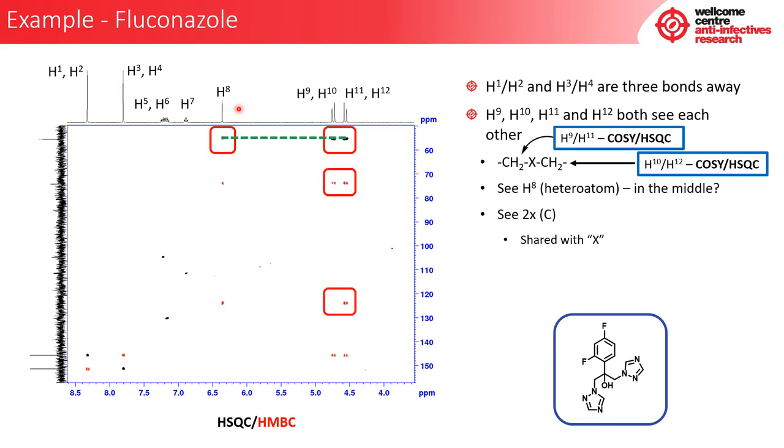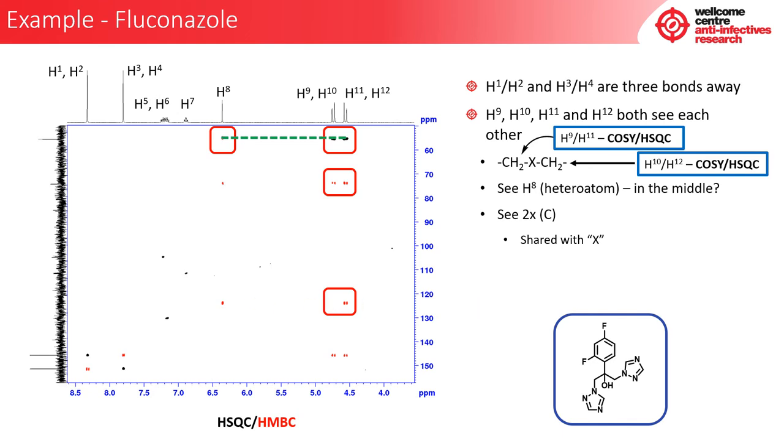We can also say that these CH2s can also see sets of quaternary carbons. And how do we know they're quaternary carbons? Well, the ones that we've highlighted here, the reason being there's no black dot on this line to signify that there's any coupling taking place with something that already contains a proton, suggesting to us that these are therefore quaternary carbons. Proton number 8 is also sharing this coupling with this quaternary carbon.